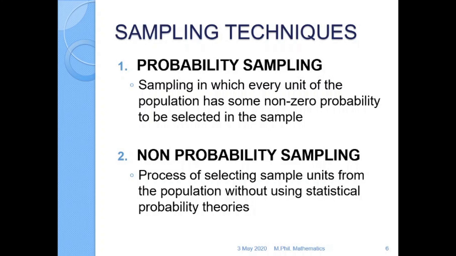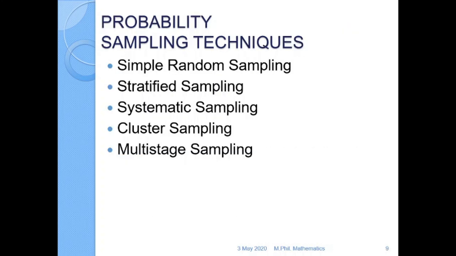So everyone has a chance. Whereas in non-probability sampling, there are units of the population who have no chance to be selected as sampling unit, and there may be members which are sure to be selected. That is, it is biased.